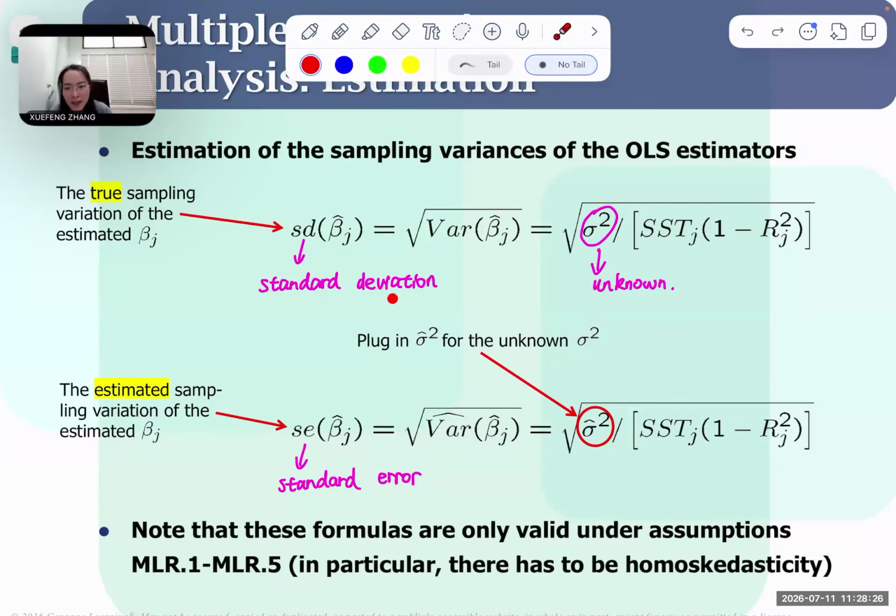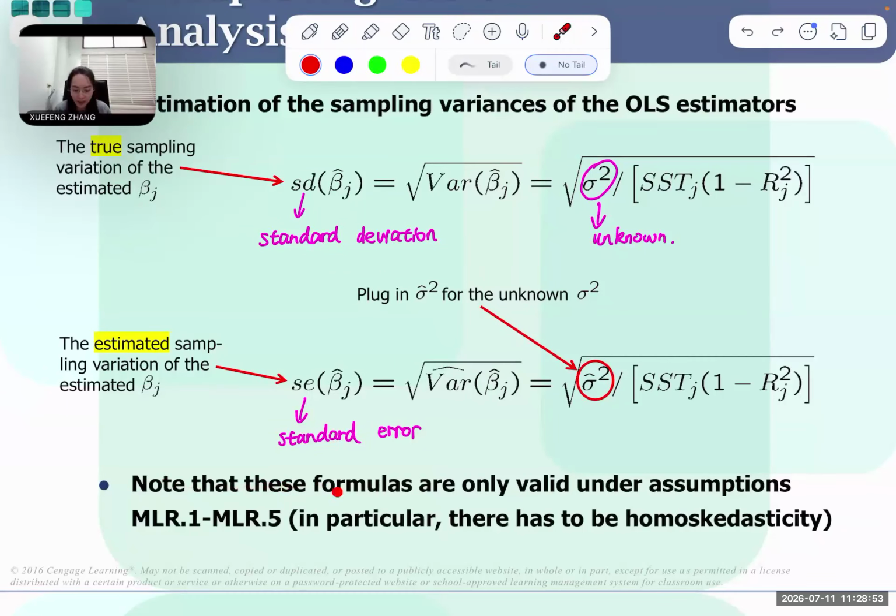Standard deviation means the true unknown quantity. Standard error is our estimated computable version. You will see standard error of beta j hat constantly once we get to hypothesis testing. It's the key ingredient for t-statistics and confidence intervals.